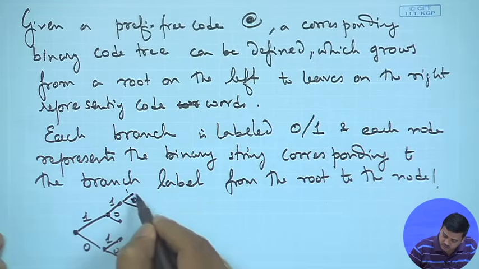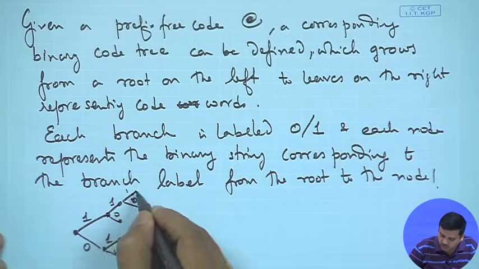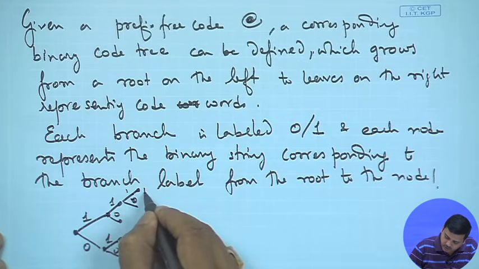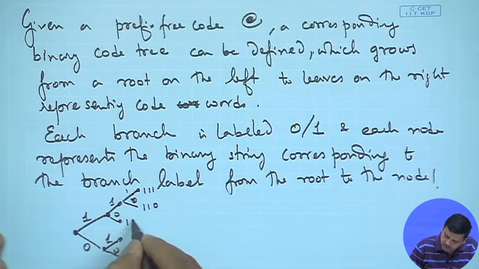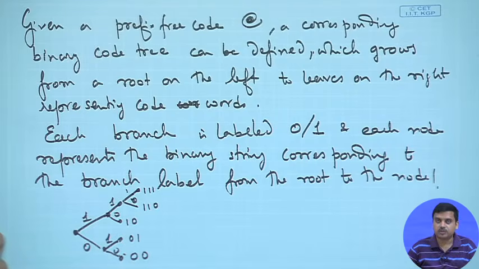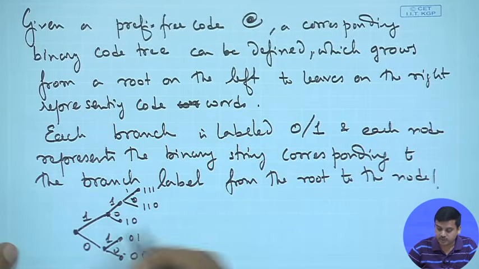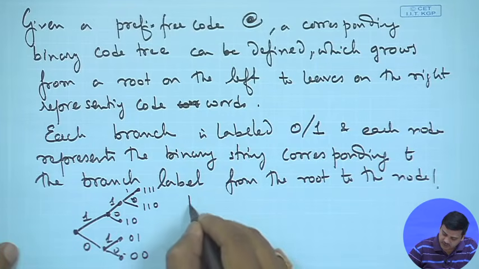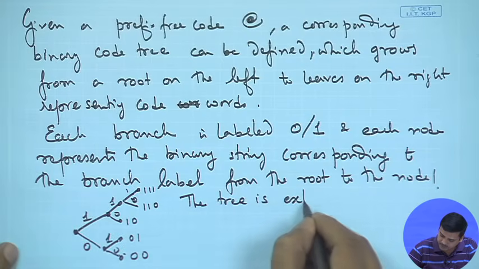This node would represent the code 1 1, and the code at this point would be 1 1 1, at this point 1 1 0, at this point 1 0, at this point 0 1, at this point 0 0, and so on and so forth. So, you can form a binary tree and you could use this in designing prefix free codes, as we are going to see shortly.